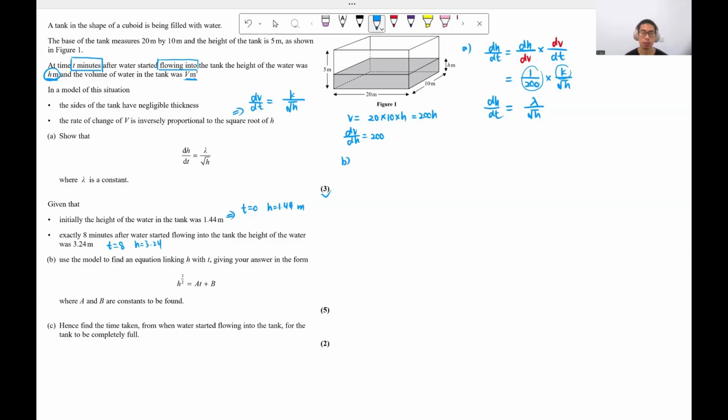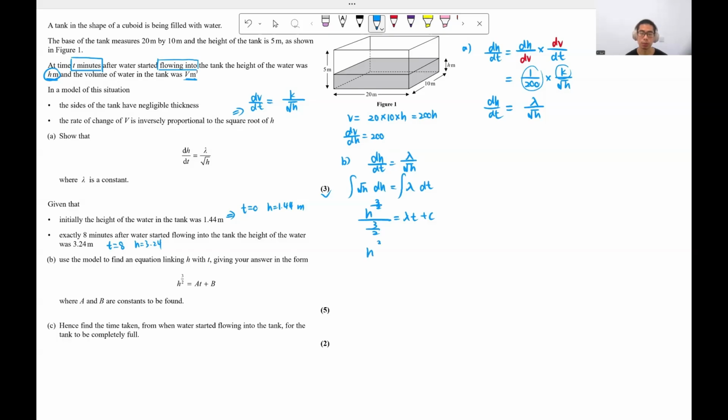We know dh/dt equals lambda over root h. Multiplying by root h on both sides, root h dh equals lambda dt. Integrating both sides, root h is h to the power half, so plus 1 the power becomes 3 over 2, and dividing by 3 over 2 equals lambda t plus c.